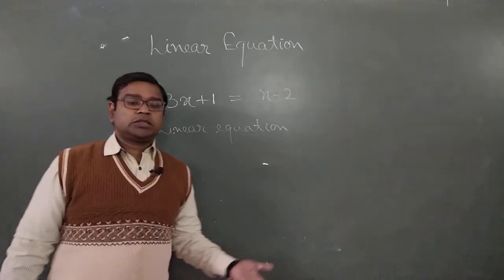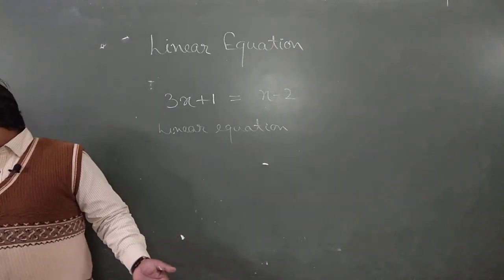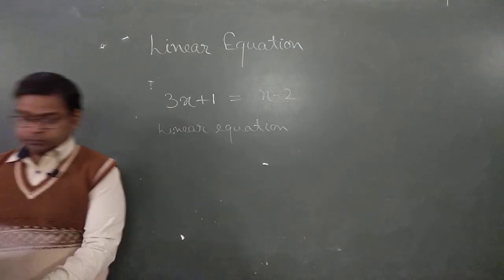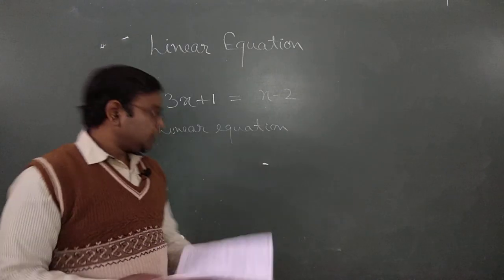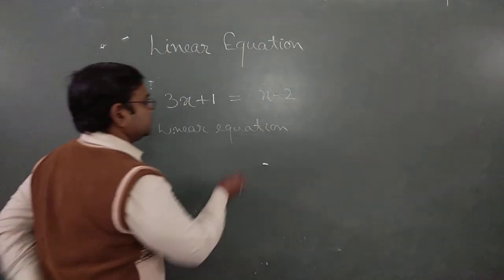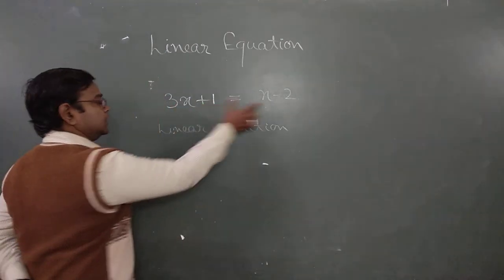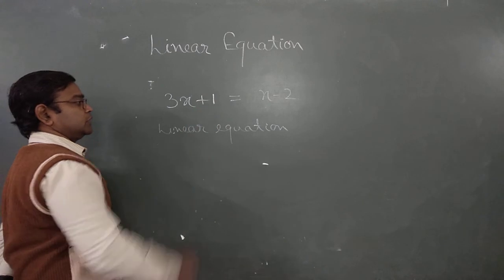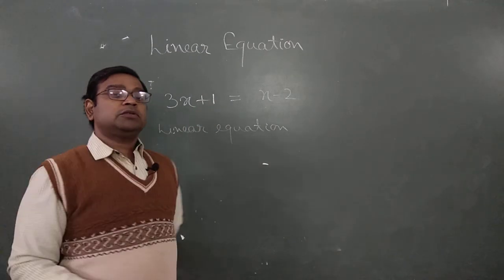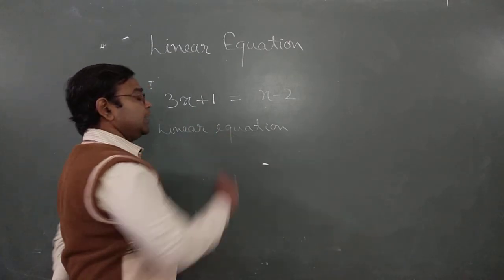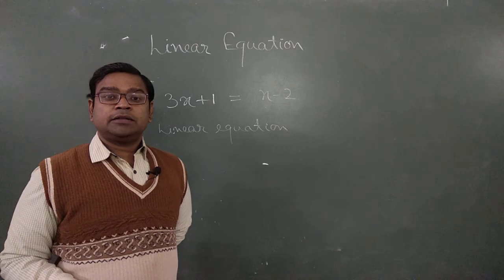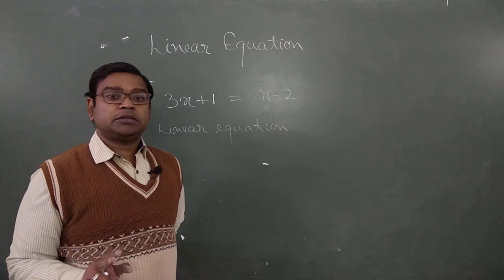Now move to the next part. Generally, equation means to equate. This and this are equal, so we have an equal to sign. If in place of the equal to sign there is any other sign, it does not represent an equation.